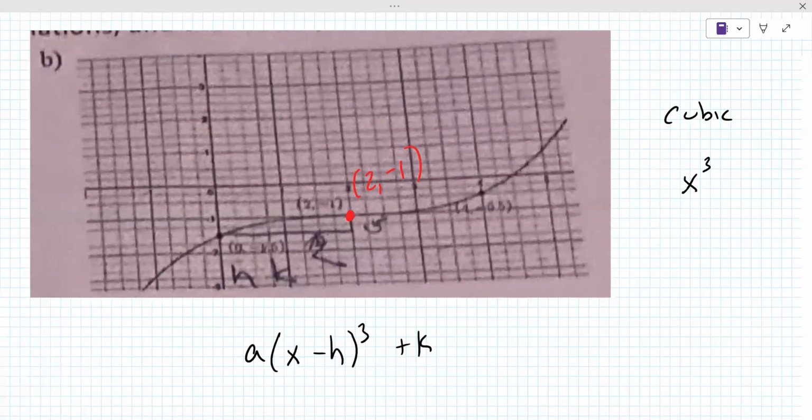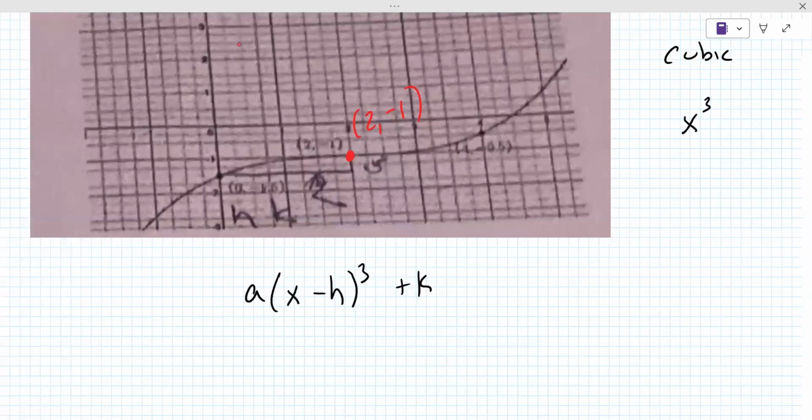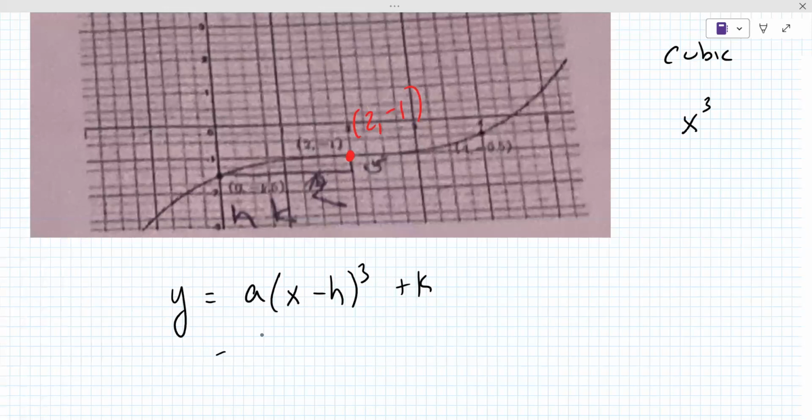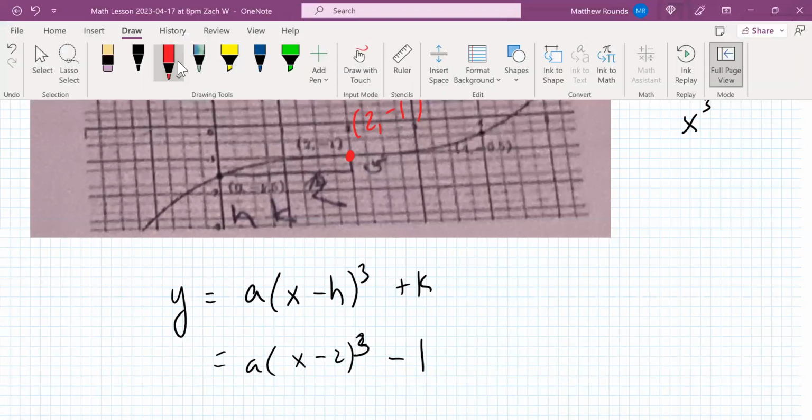So from here you can substitute that value into the equation. So that's a(x minus 2) cubed minus 1. And then to find a, you have to use one of these other points that they're giving you, which are really hard to see, but I guess maybe this 4, negative 1/2. Is that what you see there?